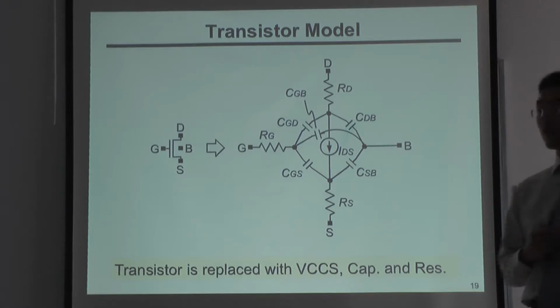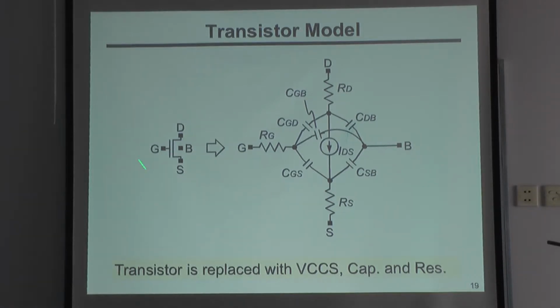And usually the transistors are converted into current sources and capacitors and resistors like this. So in the SPICE simulator, the transistor is replaced with a voltage-controlled current source, capacitance and resistance.